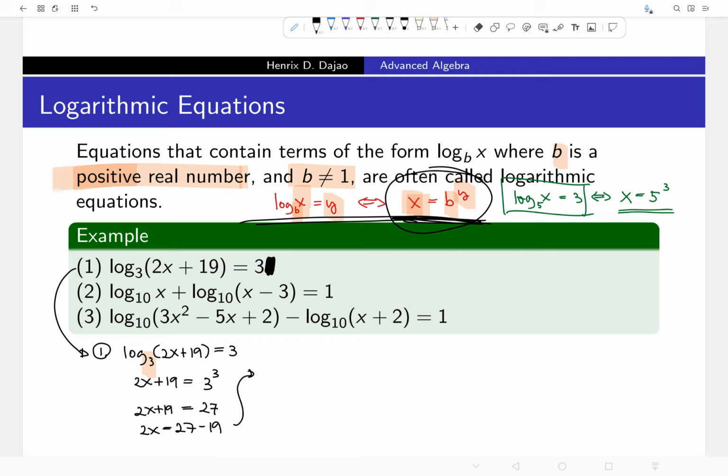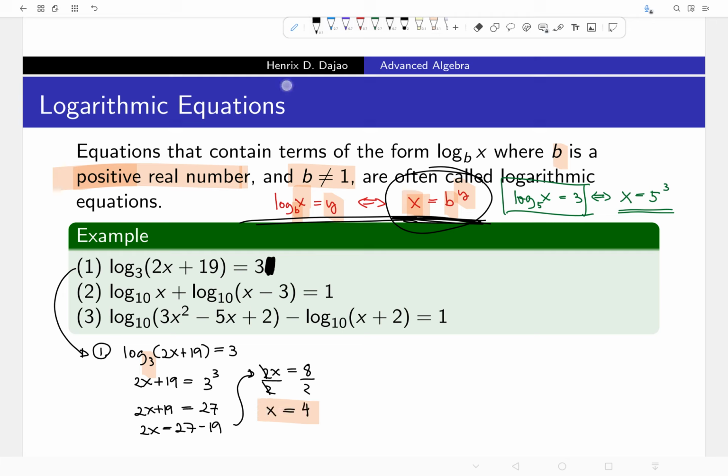Just continue. 2x equals 8. So we're going to divide both sides by 2 to get the value of x. So x is 4.